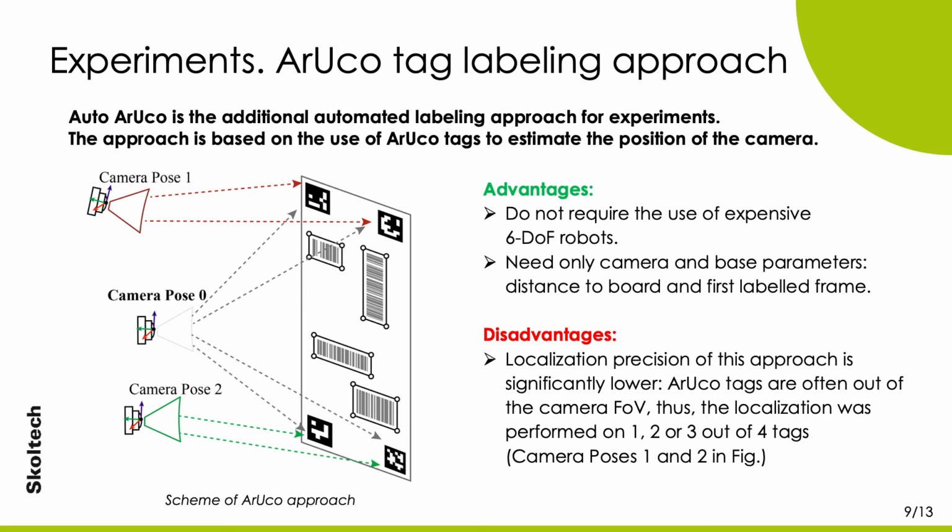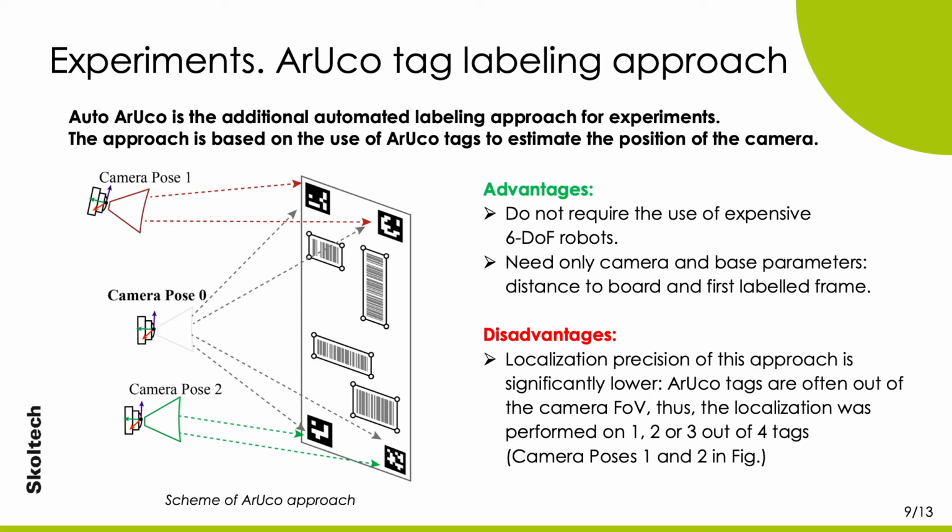To validate the automatic dataset labeling approach, we compared three methods: manual labeling, our DeepScanner method, and an additional approach that we called Auto Aruco. The main difference between Auto Aruco and ours is that instead of using the robot position, we can use the Aruco tags position of the place marks to estimate the position of the camera.